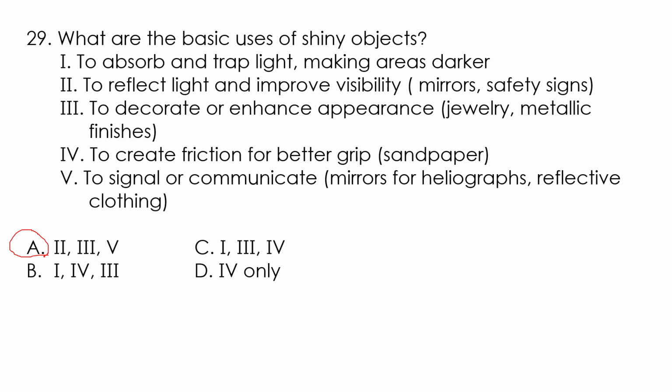The basic uses of shiny objects are to reflect light and improve visibility; 3. To decorate or enhance appearance, like jewelry and metallic finishes; and 5. To signal or communicate, like mirrors for heliographs and reflective coating. Good job, kids!